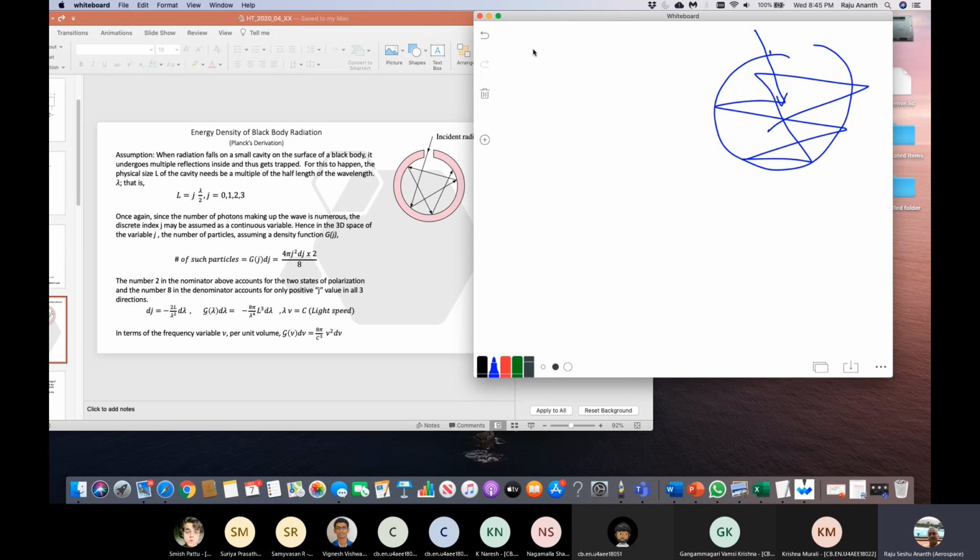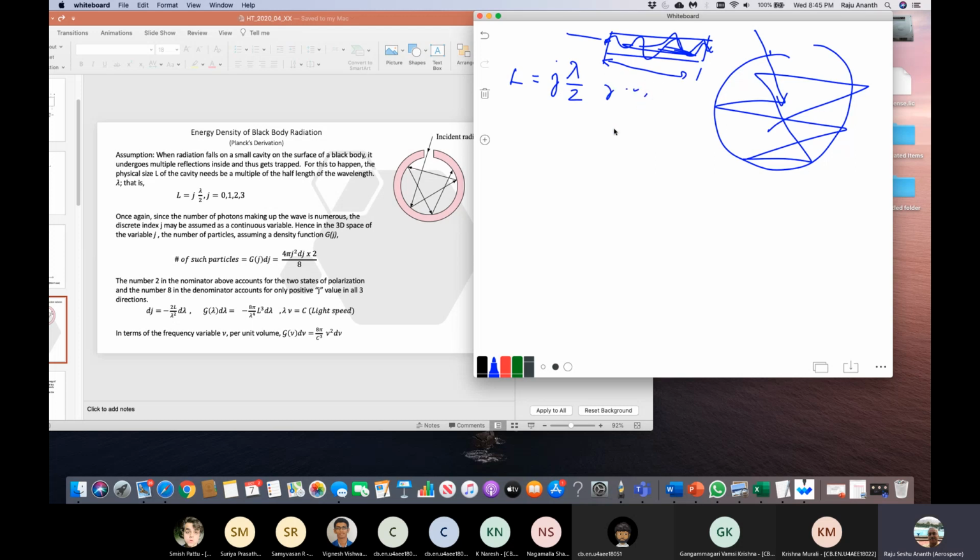So we showed yesterday, we already said that if it is a one-dimensional propagation and a small hole lets the wave in, it is reflecting back and forth and doesn't escape. So the length of that one-dimensional body has to be some discrete number j of half the wavelength, where j is 0, 1, 2, 3.